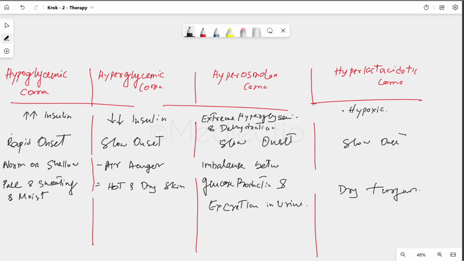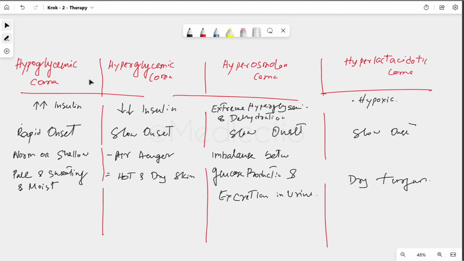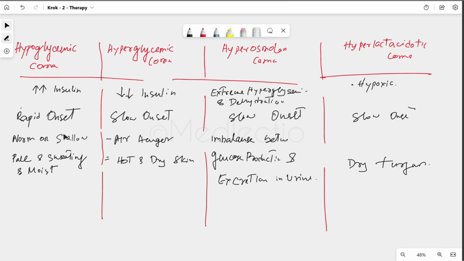So it is a hyperosmolar condition, which is hyperglycemia. So these three are a little bit symmetrical. This one is different.